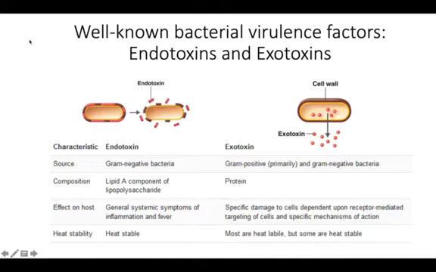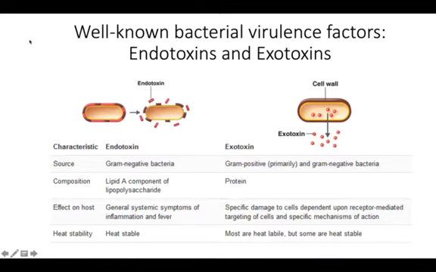And these toxins are pretty heat stable, so heat won't degrade them. With the exotoxins, these are usually found on gram-positive bacteria and maybe some gram-negatives, but primarily gram-positive. And as the name says, exotoxin, these toxins are released into the environment.